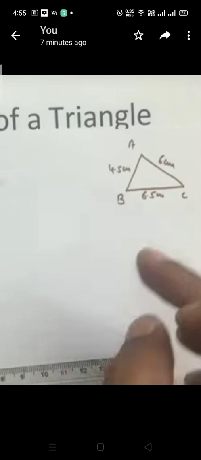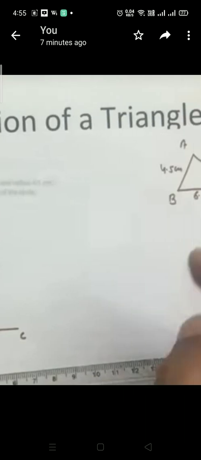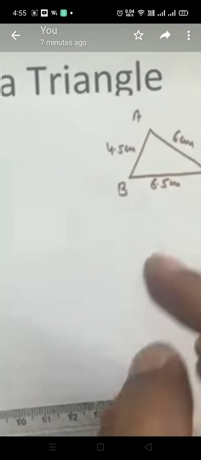BC is given 6.5 centimeters, so with a scale, mark from 0 to 6.5. That is your B and C. Join it, name it BC, and write the measurement. Clear this much?